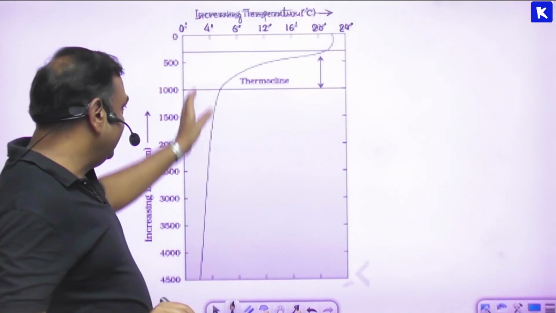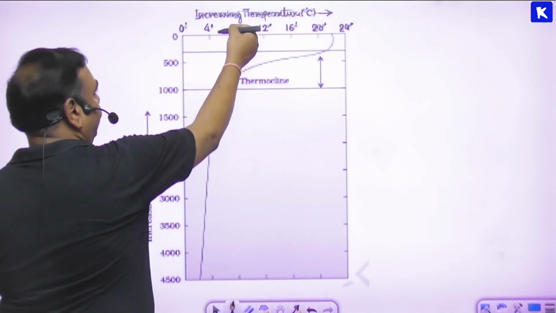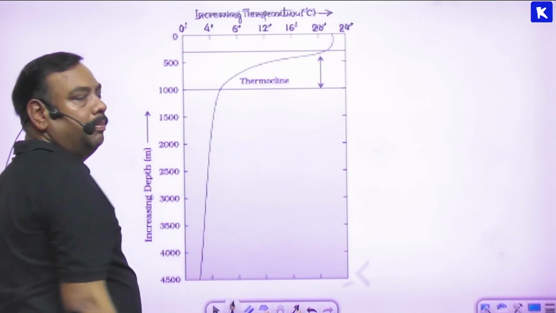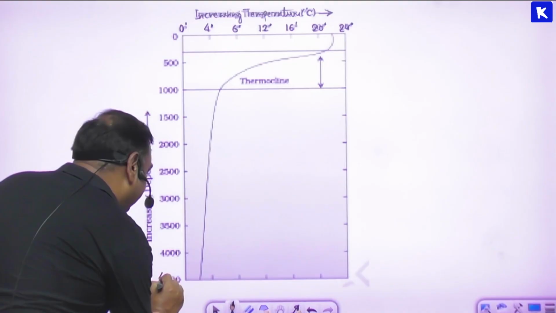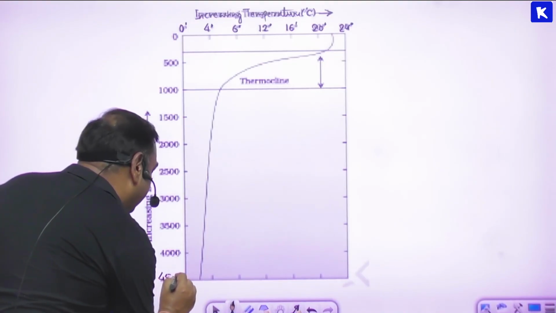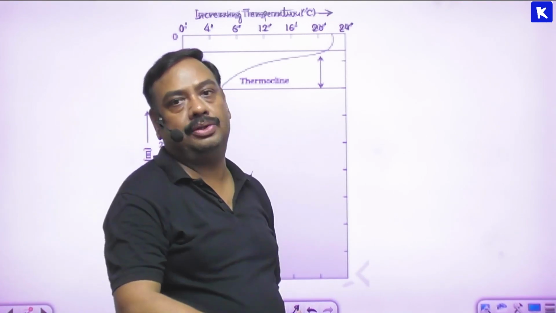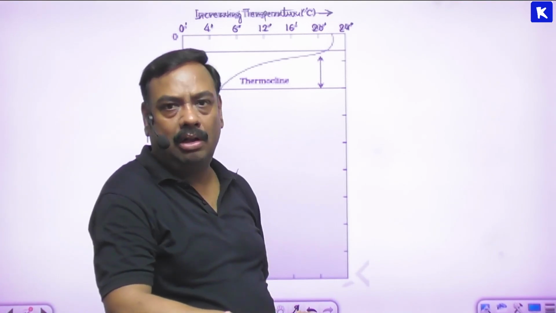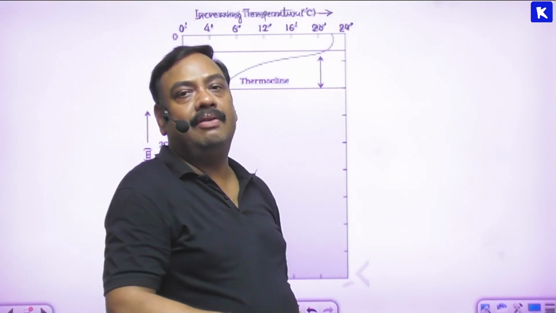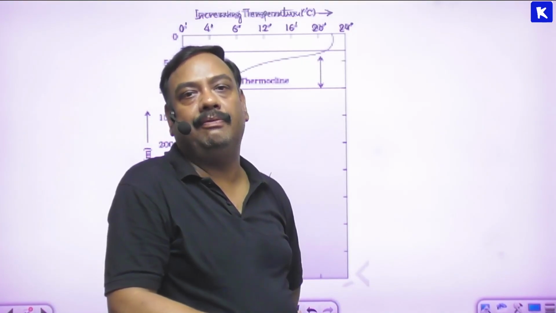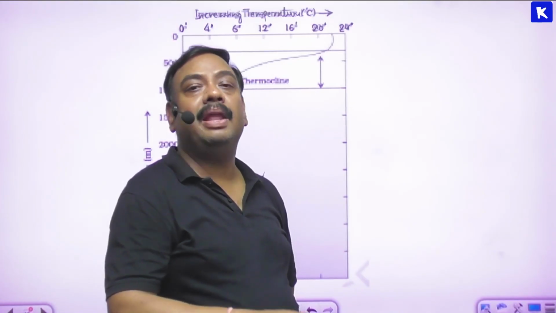Then the vertical line is also given here. This vertical line shows the depth from the sea surface up to the bottom of the ocean. Here the final depth is defined as 4500 meters. It is the average depth taken for all the oceans, because you can't find the same depth everywhere in one ocean, so we have to concern ourselves with the average depth value.